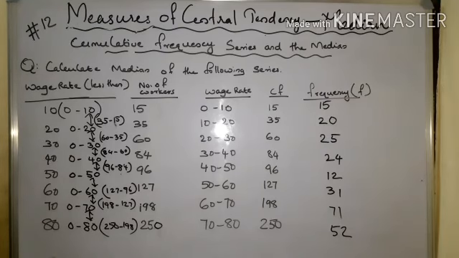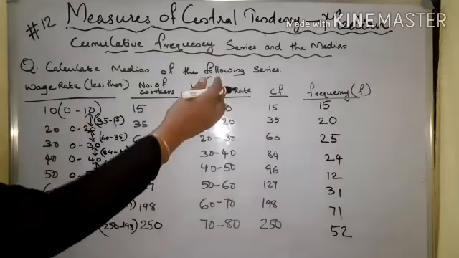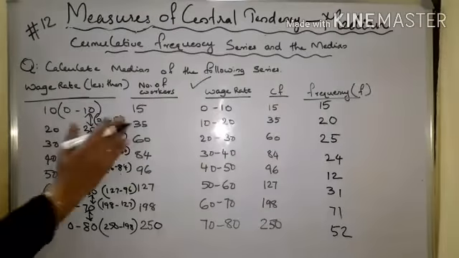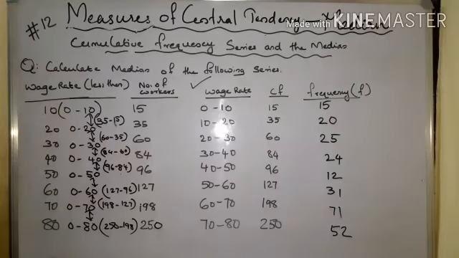Next step, our question is to calculate the median. For this calculation, we need this portion only: wage rate, cumulative frequency and frequency. This part is not required, so I am going to rub it out.